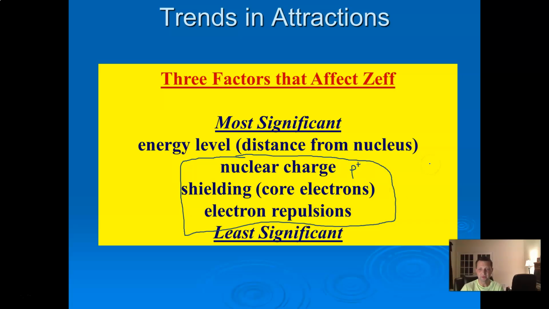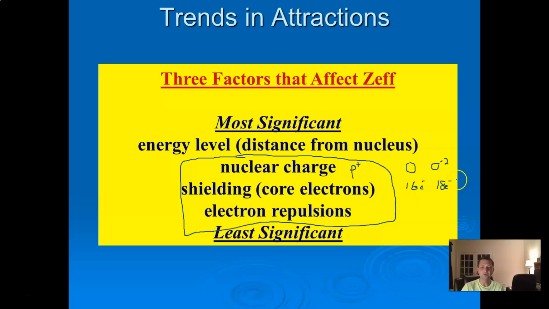So a good example of this is exactly that. If you have O and you have O negative 2, energy levels, tie. Nuclear charge, tie. Both have 8 protons. Shielding, tie. What's left? Electron repulsions. Oxygen has 16 electrons... oxide has 18.